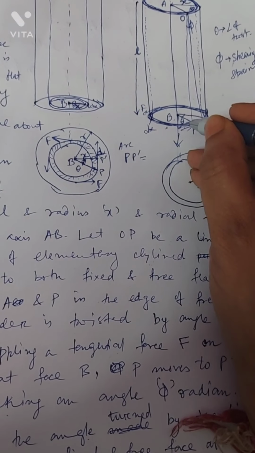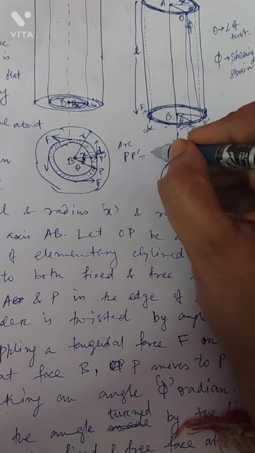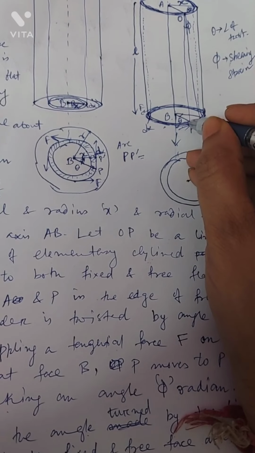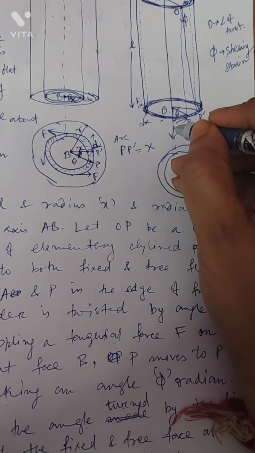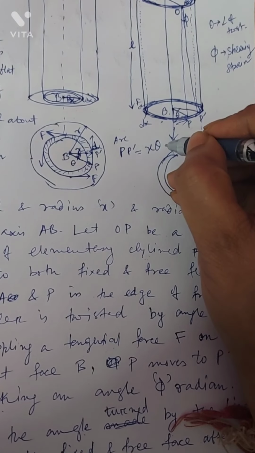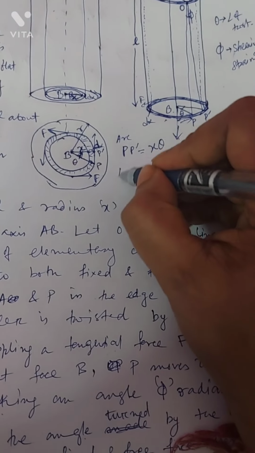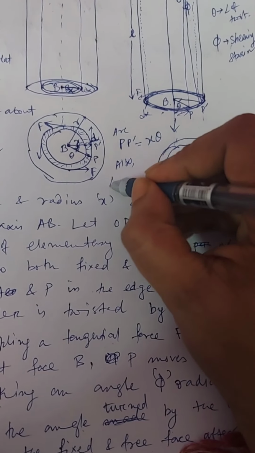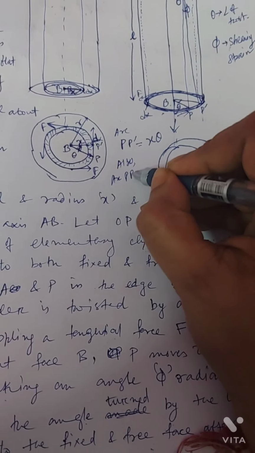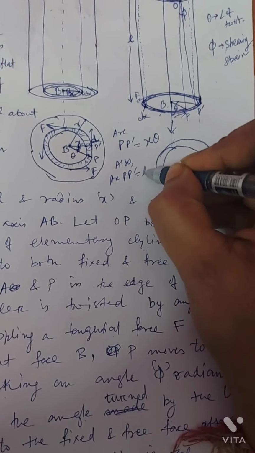The radius is x, so it is x theta. Also you will see that the arc PP dash is also equal to L into phi.